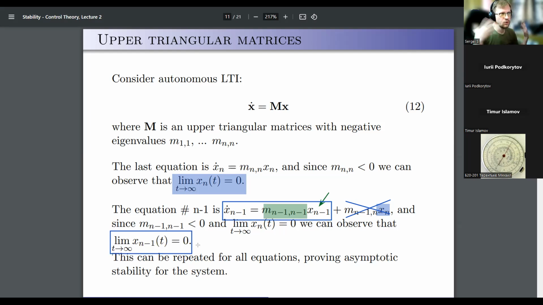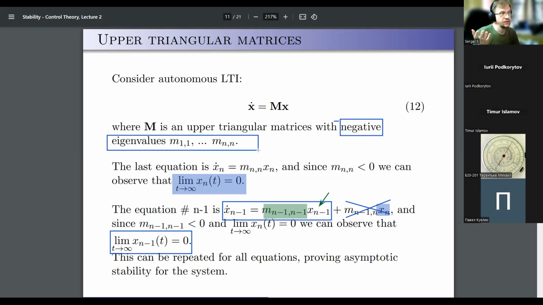And we can repeat it for all equations. All elements of the diagonal would always approach 0 because the equations below them already proved that. All we would have remaining is the element on the diagonal, which, when we take the exponent, would be negative by definition here.